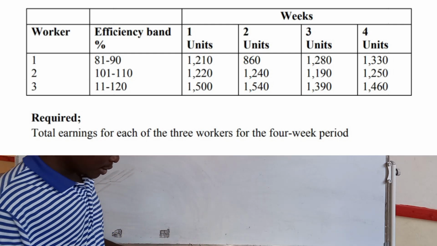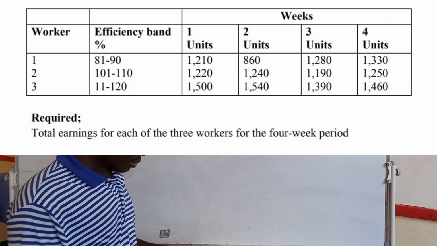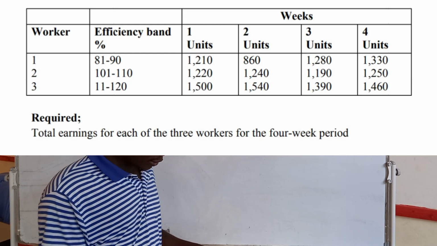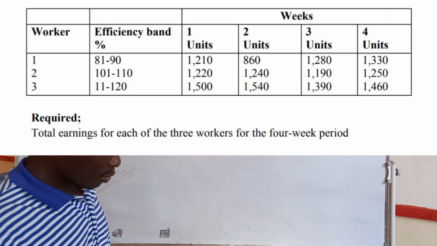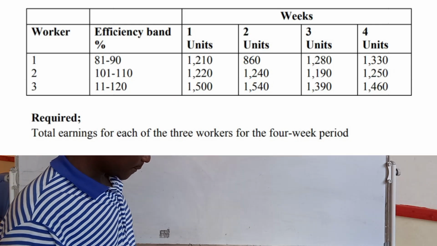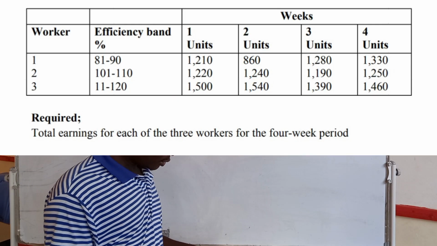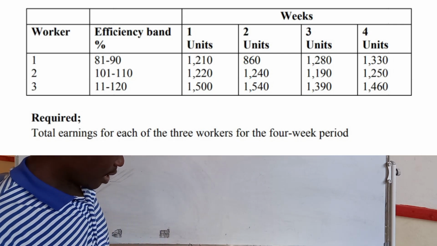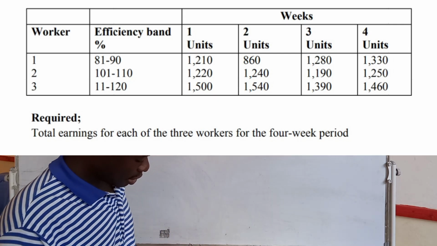Worker 2 is in the band of 101 to 110. Production in week 1 is 1,220 units. Week 2, 1,240. Week 3, 1,190. Week 4, 1,250. Worker 3 is in the band of 111 to 120.